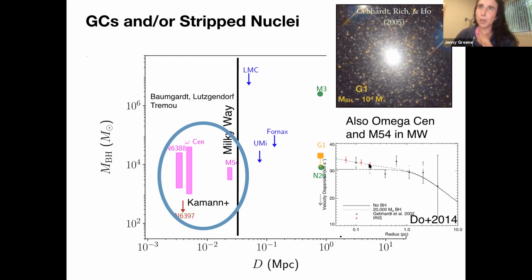Here's what you could do with TMT, in red. And of course, we're in this regime where clusters of stellar mass black holes are very hard to distinguish from one 20,000 solar mass single massive black hole. For all of these reasons, as Hogg already said, this is going to be a very hard problem, but much higher spatial resolution will help a lot.